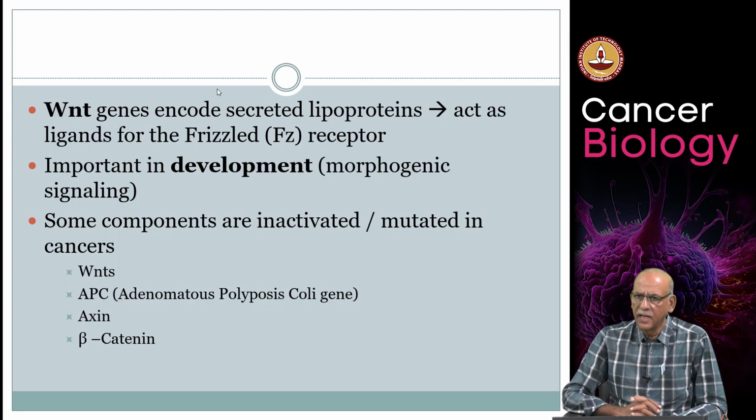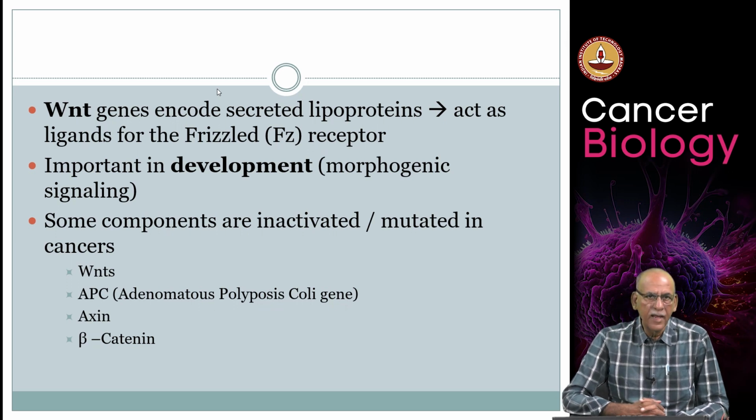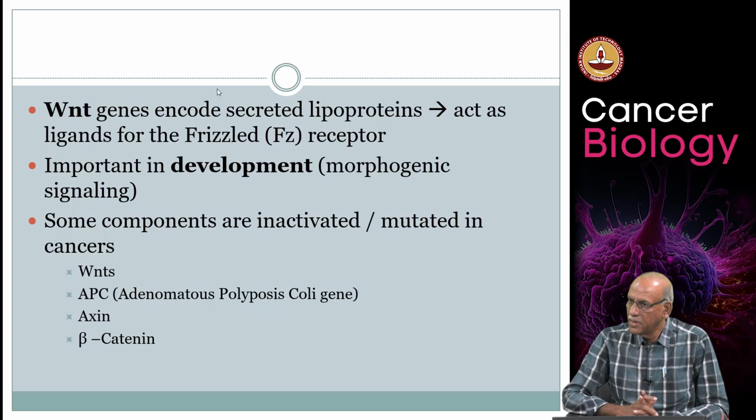The Wnt ligands are many as usual, a family of Wnt ligands is known. They generally encode secreted lipoproteins. They act as ligands for a receptor called the frizzled receptor, FZ. This is also important in development. In fact, the name Wnt came from studies during development.